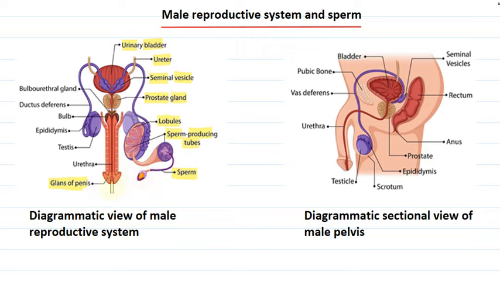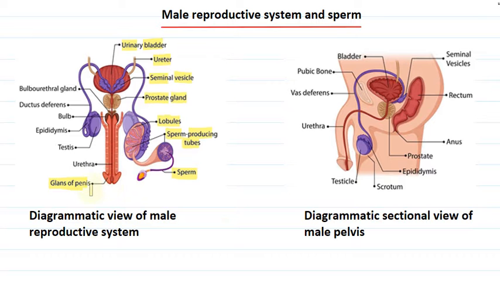Okay. Now we talked about the glans of penis. So what does it do? It is a male external. So this penis is actually the male external genitalia and it helps in transferring or releasing the urine, and in addition to it, it also helps in the transfer of semen from the male reproductive tract to the female reproductive tract during coitus.